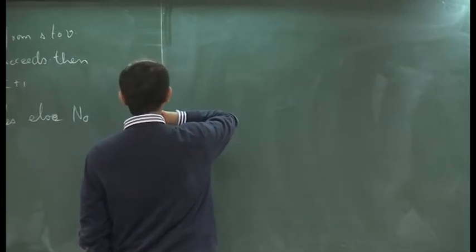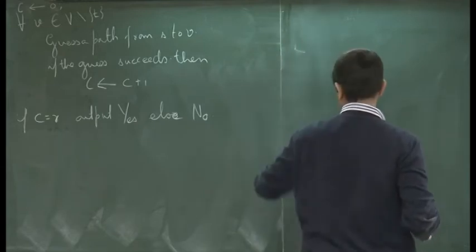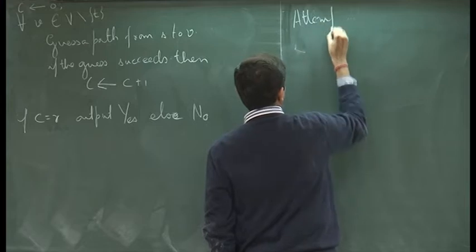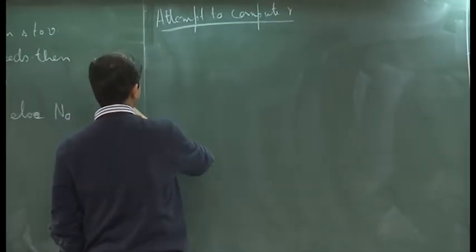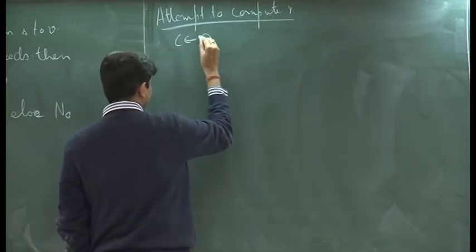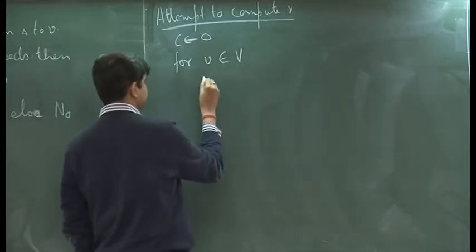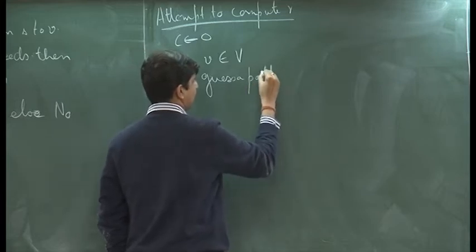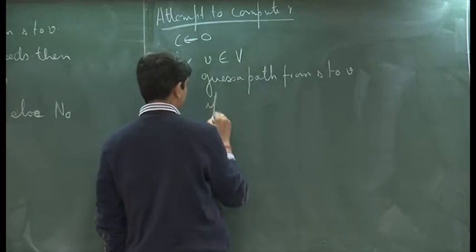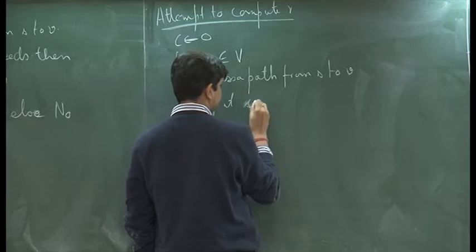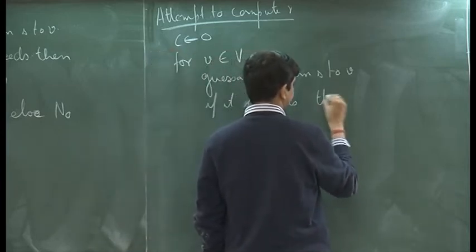Let us say we keep a counter C. Let me write this as an attempt to compute R. We keep a counter C for counting, and for all vertices V in V, I guess a path from S to V. If it succeeds, that is if I correctly reach the vertex V, then I increment the counter.